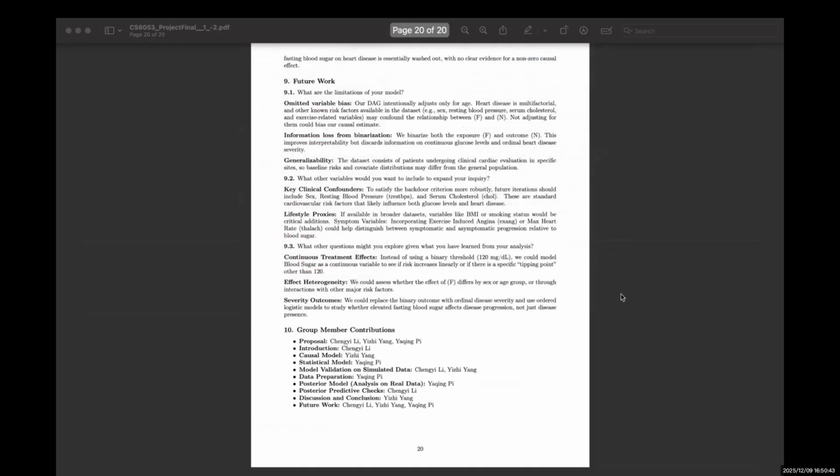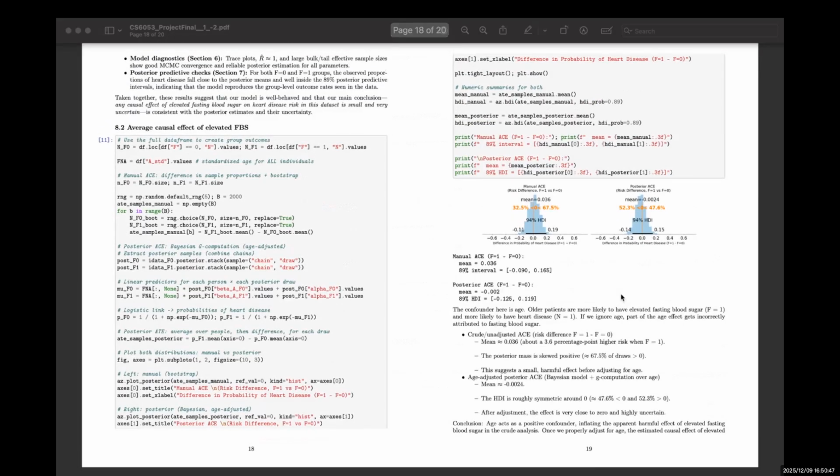And now we come to section 8.2, which is about addressing the confounder plus ACE results. To make this concrete, we present 2 versions of the risk difference, f equal to 1 minus f equal to 0. The first is the crude estimate. Here, the manual ACE has a mean of about 0.036. The distribution is skewed positive with about 67.5% of draws above 0, which might look like a small harmful effect at first glance.